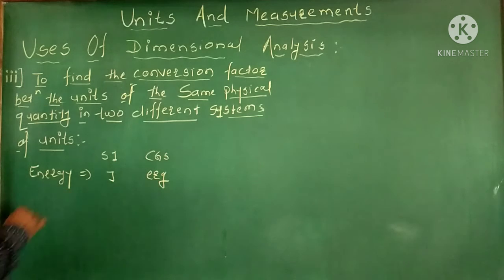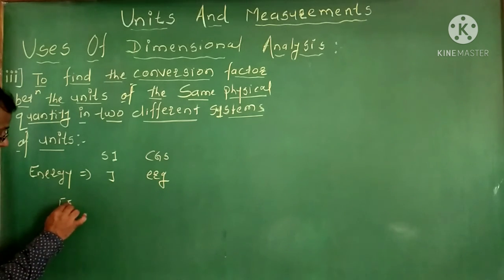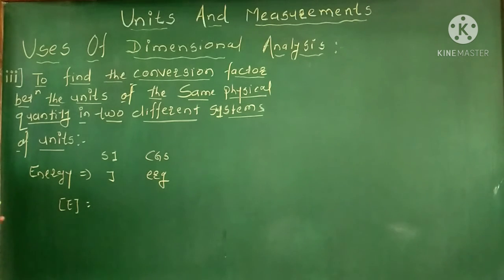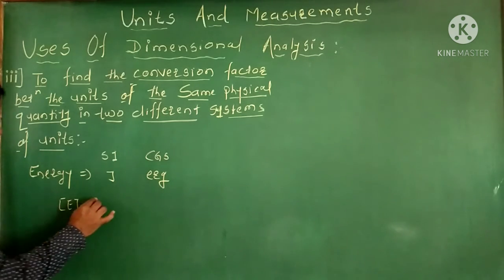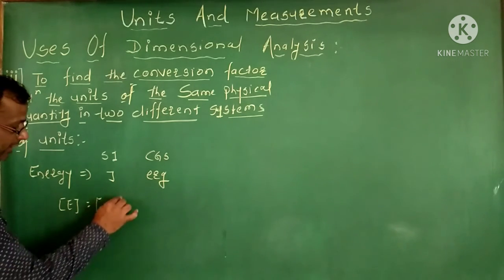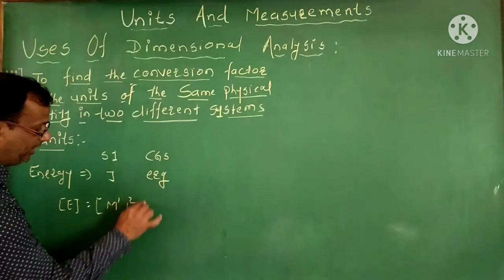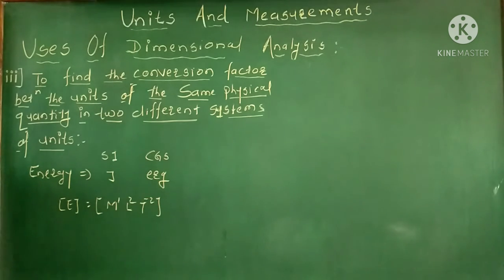And we know the dimensional formula of energy is simply M1 L2 T minus 2. So this will be the dimensional formula of energy.